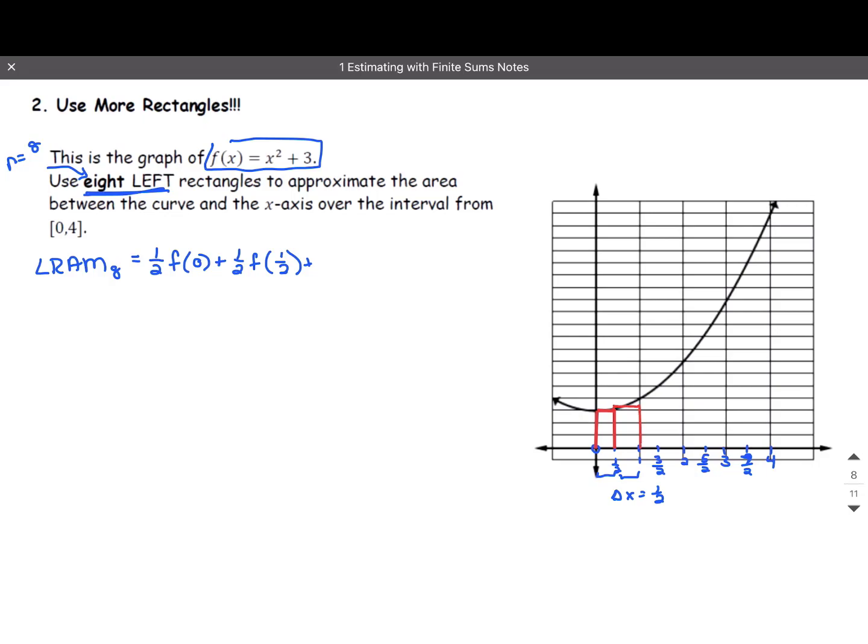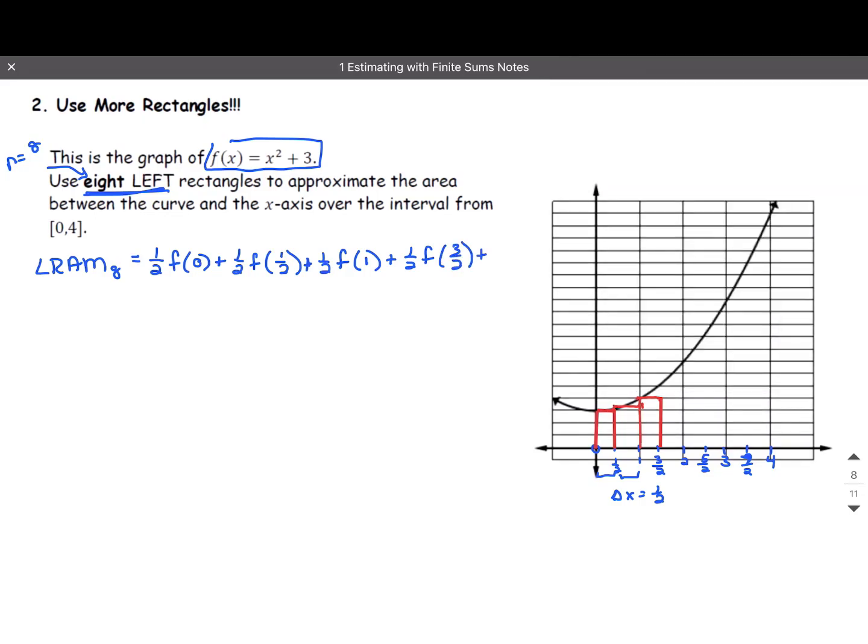All right, next rectangle, from 1 to 3 halves. That's a change of 1 half. Which one's on the left? The 1 is on the left, so we're going to use the height at 1. We're going to come across to the middle, and we're going to come down to 1 half. The next subinterval, from 3 halves to 2, has a base of 1 half, and 3 halves is on the left.